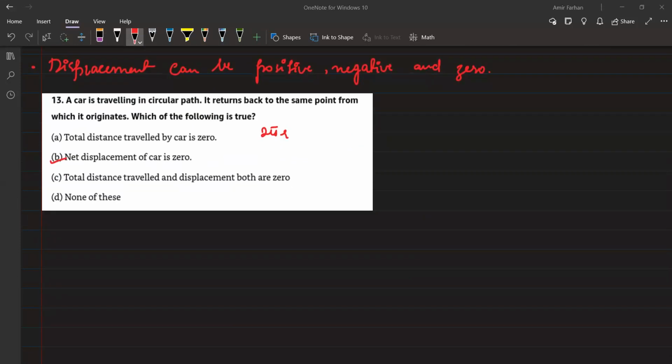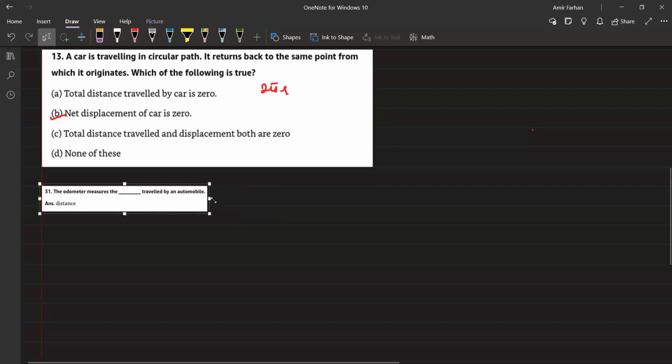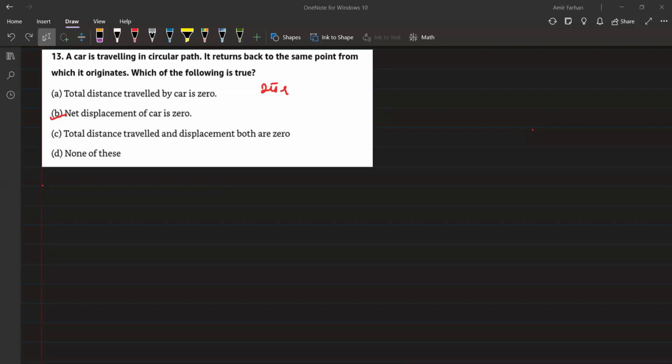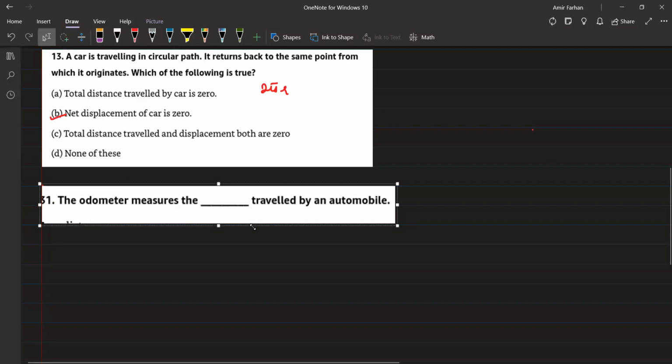Yes, sir. Okay. Next question is this. Because from this topic, similar kinds of questions will be there in the school exams. So what is the answer of this?